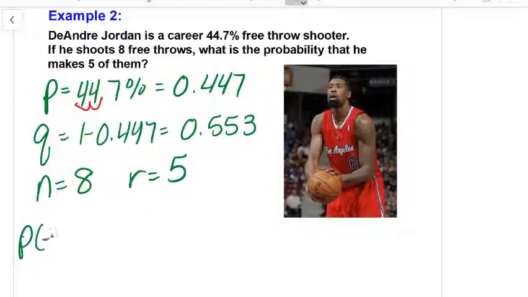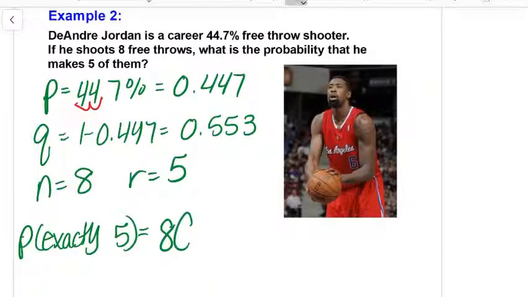So the probability of exactly 5 will be 8 choose 5, or the combination of 8 with 5 chosen. And then the probability of success is 44.7%, and I want 5 of them to be successful.